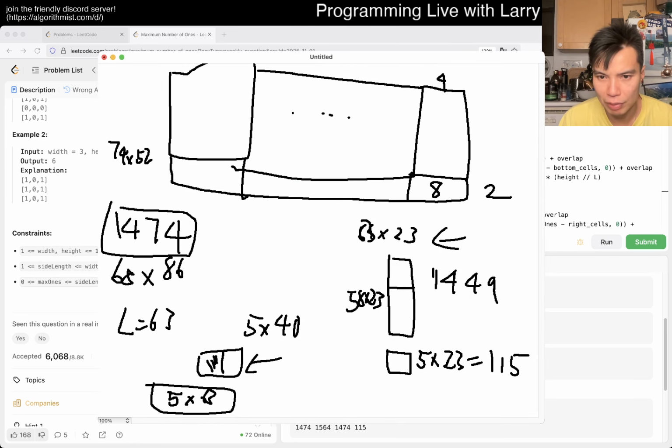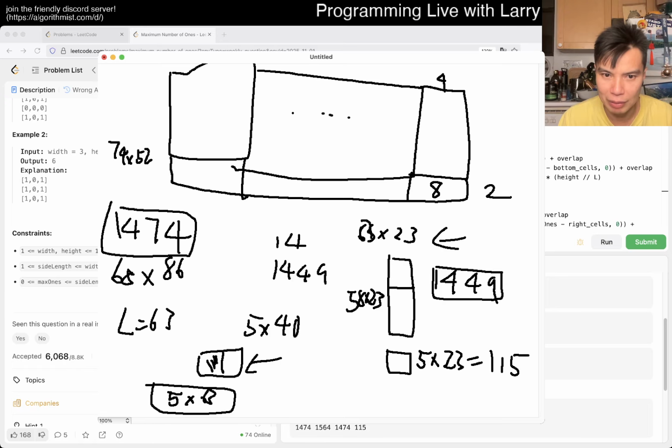Okay, so this is 1449, but we used up 115, and we used up this number minus 115, but then it all ends up being 1449, right?